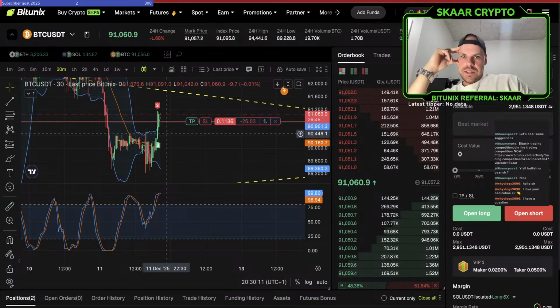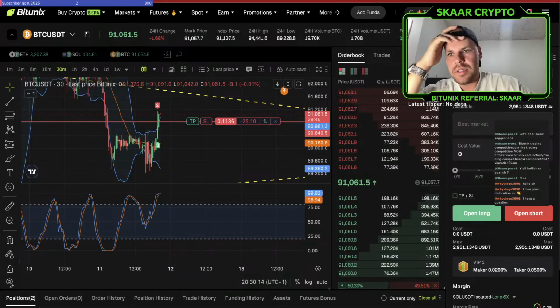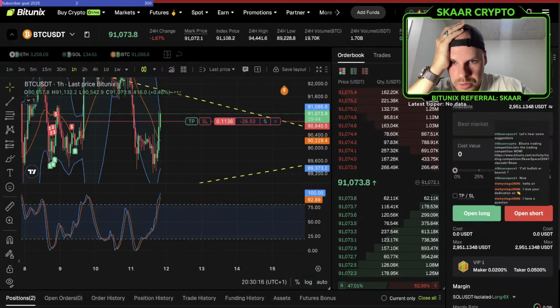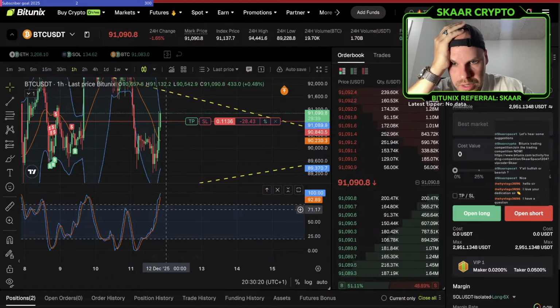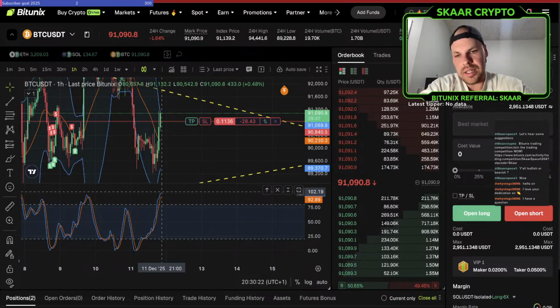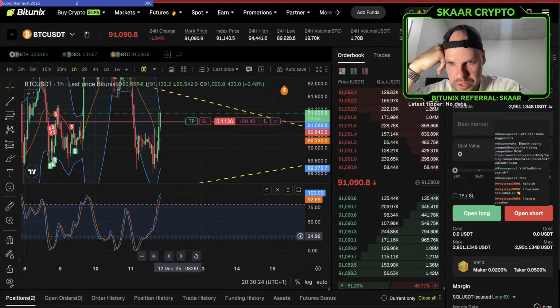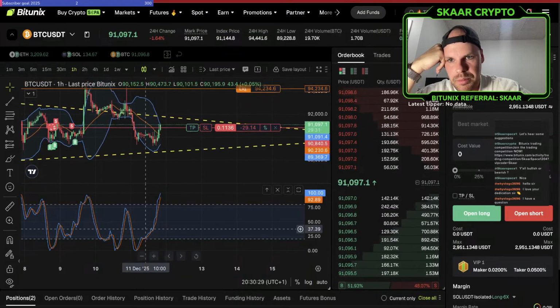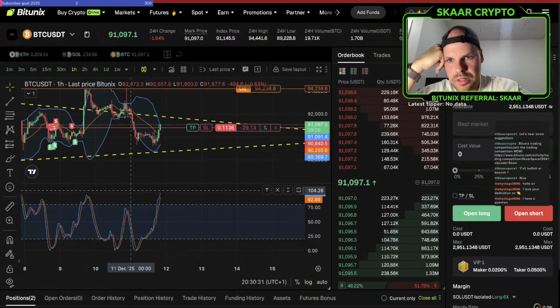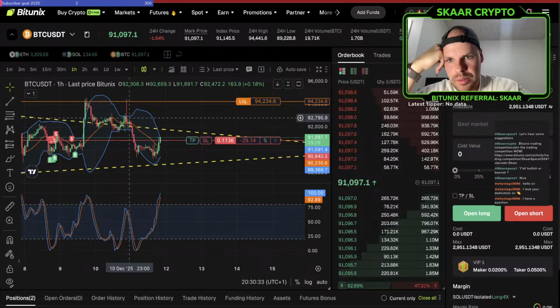But let's see what happens. It's a long time to see that. I might also, you can see, holy shit, on the 1 hourly, this is steep. This is a very aggressive increase here. And what happened last time we were increasing aggressively, we were met with a counter move.